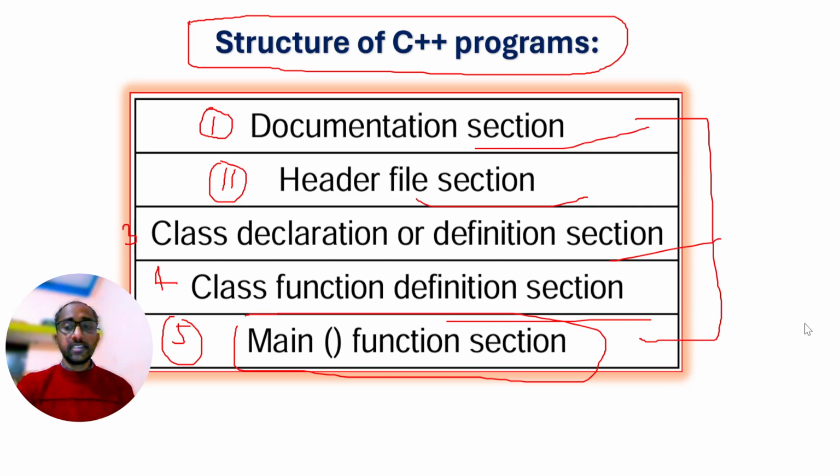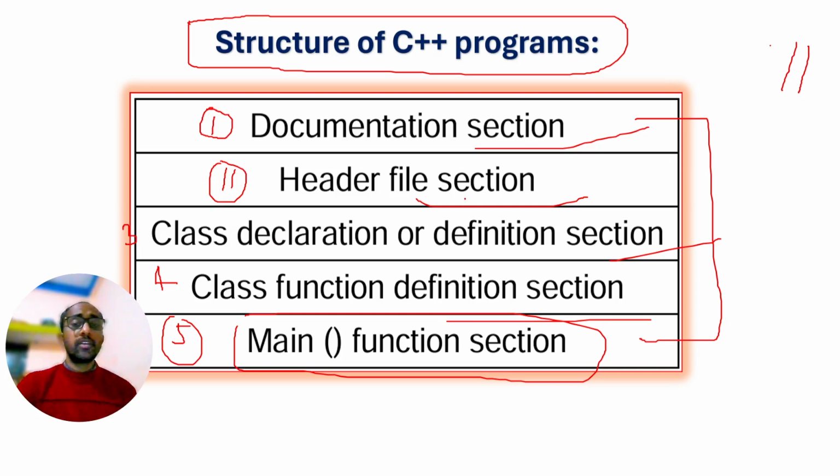The first section, the documentation section, puts comments for the program. A comment statement can be included in the program by prefixing the single-line comment with a slash. This is used to write a single-line comment. Why do we use comments?